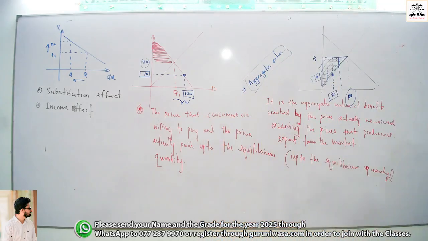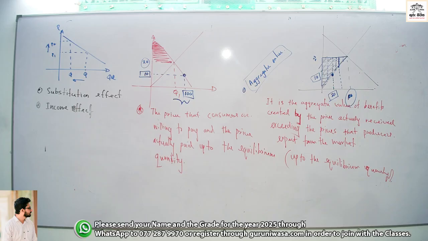You can make your own definition, it's okay, but the main points have to be in your definition. The main point is you need to mention how this benefit is created, because producers receive more than what they expect, and also it's an aggregate value.